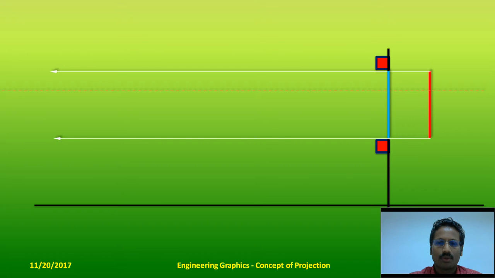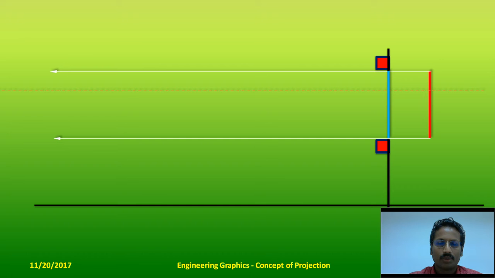And when they are parallel to each other, and if it's made perpendicular to the plane of projection as indicated by the perpendicular symbols marked close to the plane of projection, you will find that the size of the image is going to be the size of the object. They are going to be identical. That is, the size of the image or the projection of the line here is going to be same as the size of the object.